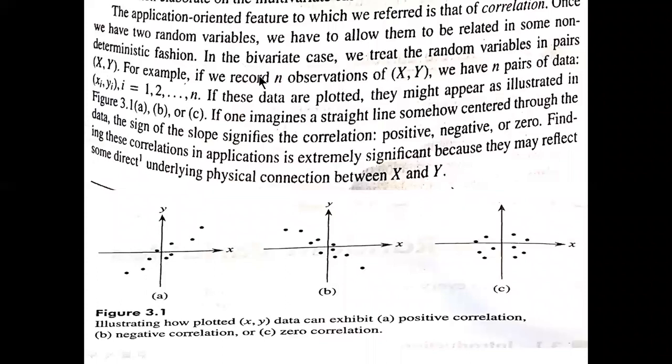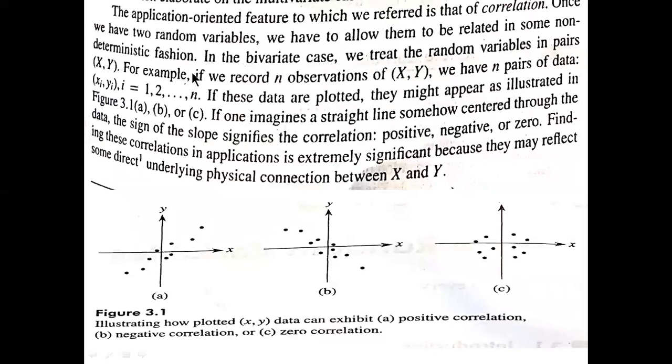That means if we record n observations of the pair XY, we have n pairs of data, xi comma yi, with i equal to 1, 2 up to n.